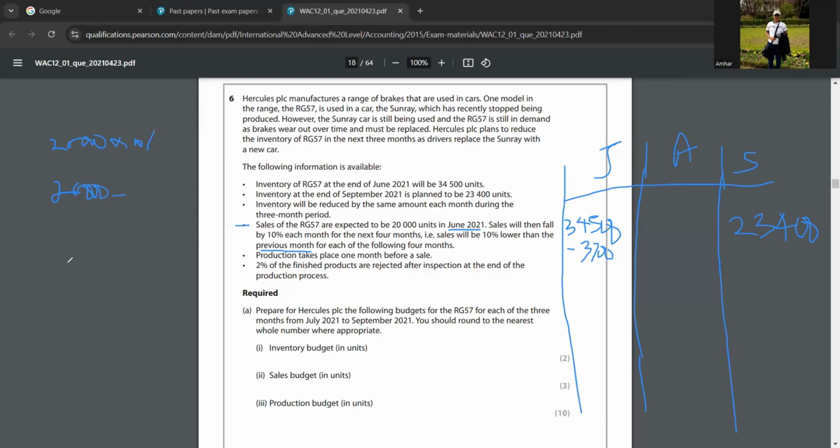So that's the value for July. And then if you want to find for August, 18,000 into 10%. That answer you have to minus and take. Did you understand how to do this? Yeah, I understand how to. Okay. That's all you have to do in that.